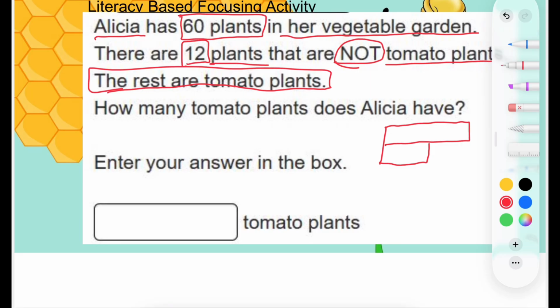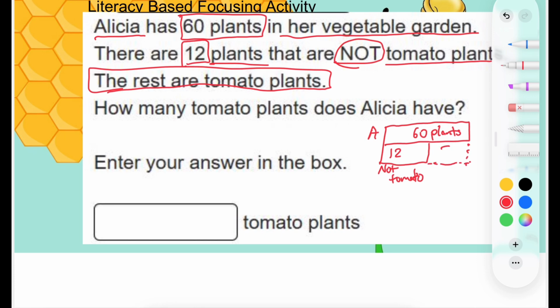This tape diagram matches our story because at the start, Alicia has 60 plants in all. But then 12 plants are not tomato plants, but the rest are.